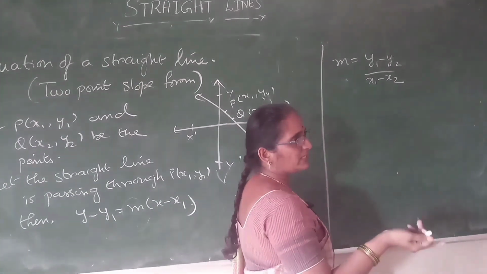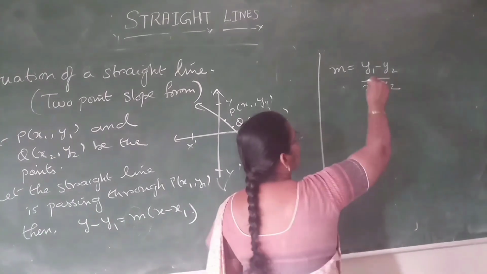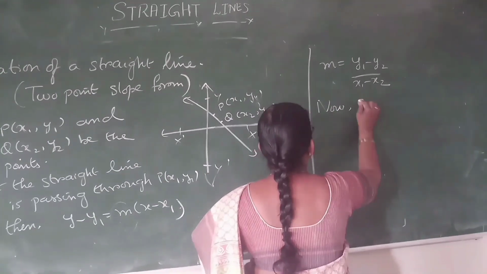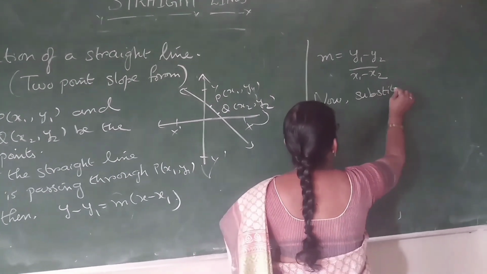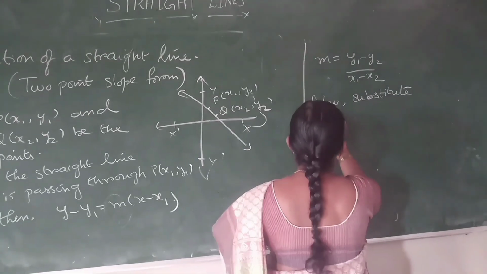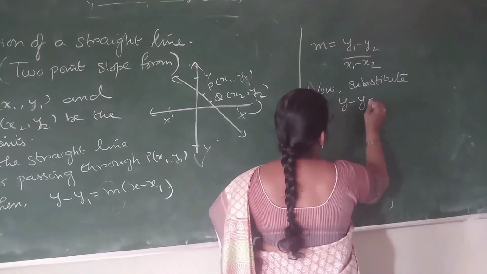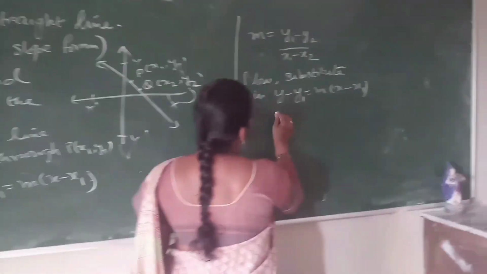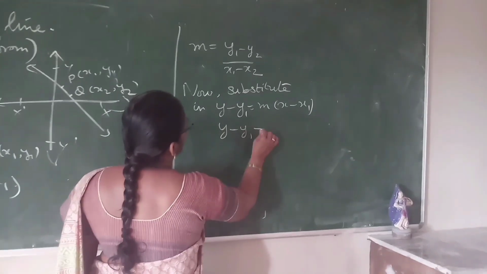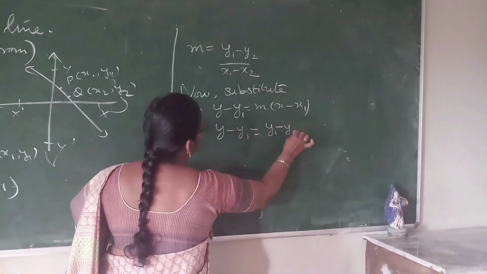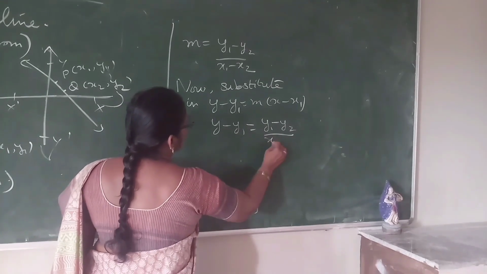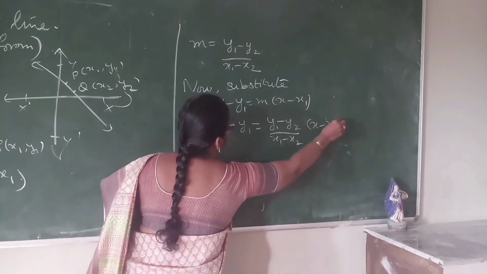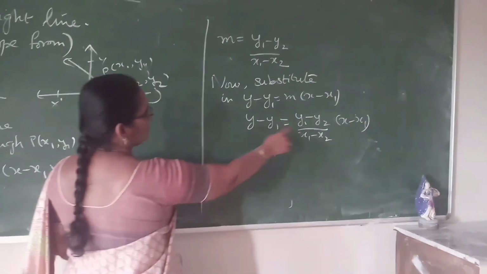We can also write it as y2 minus y1 by x2 minus x1, or y1 minus y2 by x1 minus x2. Now substitute in y minus y1 is equal to m into x minus x1. So what you will get here? Y minus y1 is equal to y1 minus y2 by x1 minus x2 into x minus x1. This is the formula you are getting it.